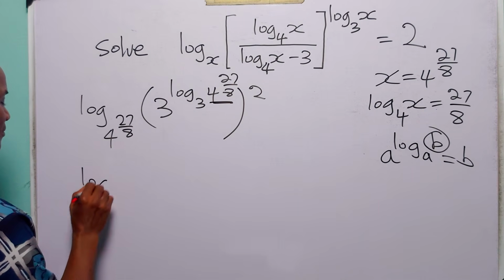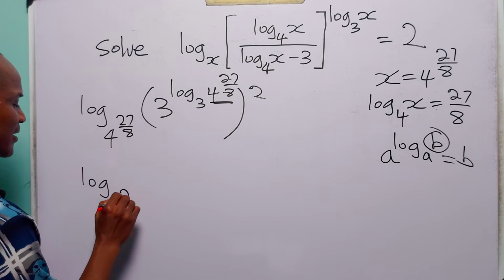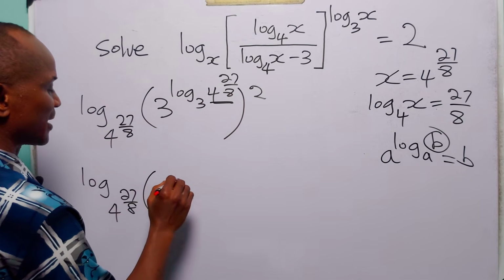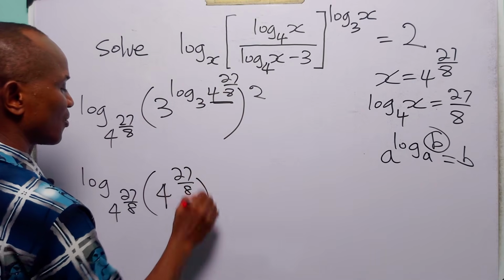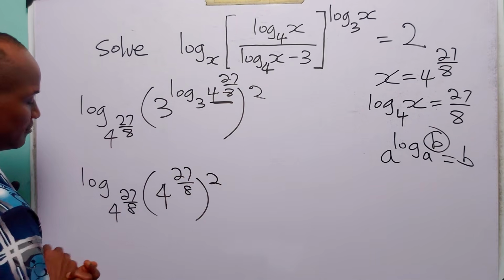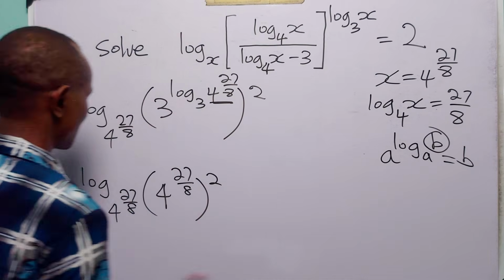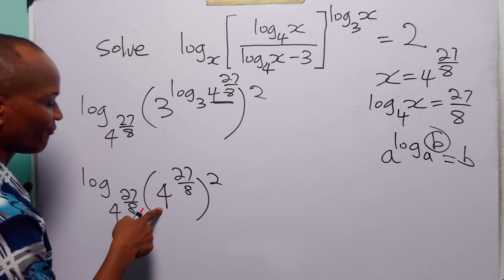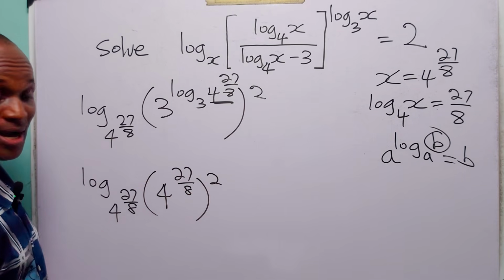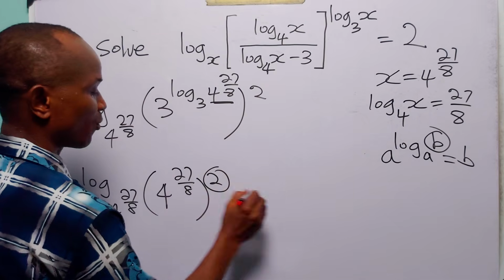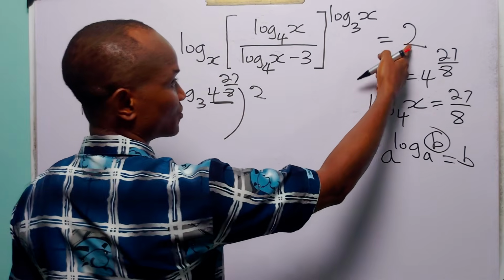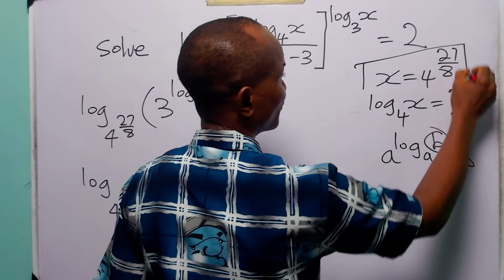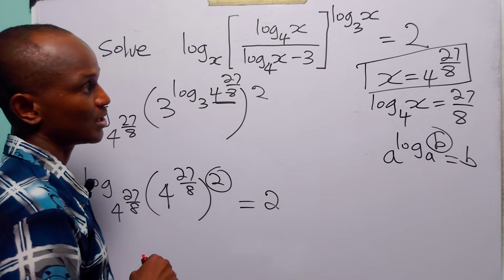So here we have log to base 4 to the power 27 over 8 of 4 to the power 27 over 8 squared. This is simply equal to 2, which is exactly what we have on the right hand side of the equation. So this value of x satisfies the given equation.